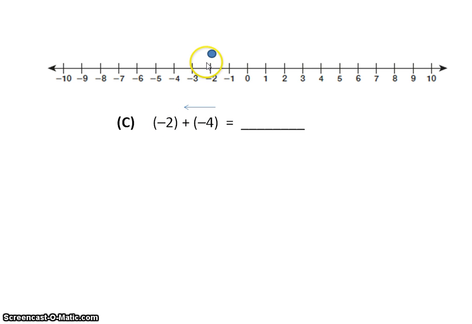So negative 2, I'm going to go to the left, 4 spaces, 1, 2, 3, 4, and I will end up at a negative 6. Now, in this case, I am adding two numbers with the same sign, so I'm simply going to add the numbers 2 and 4. 2 and 4 is 6. They're both negative, so my answer is going to be negative 6.